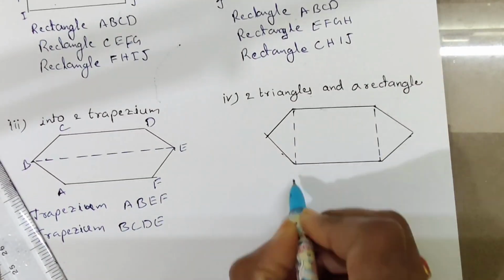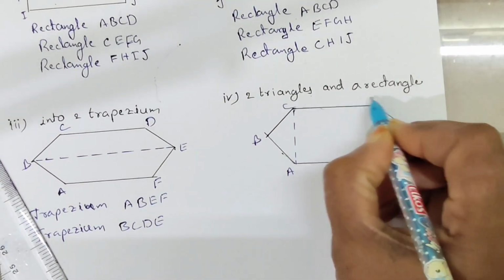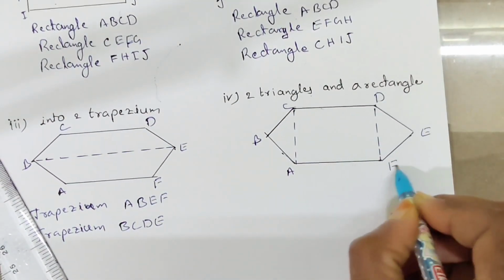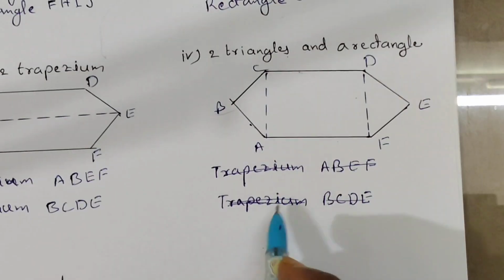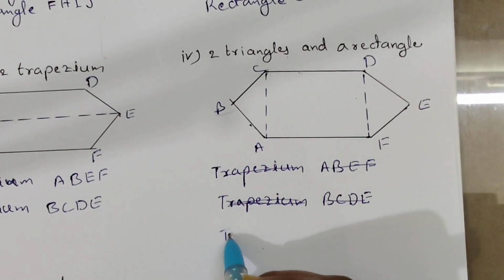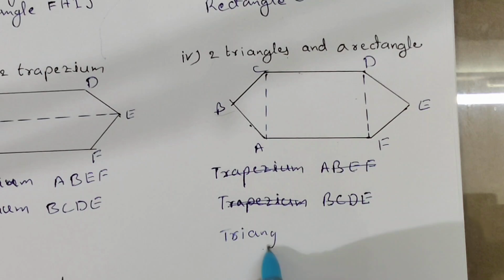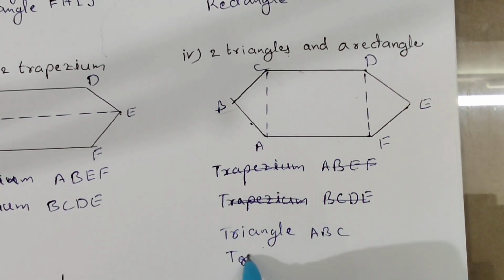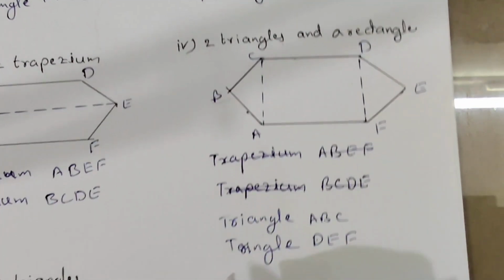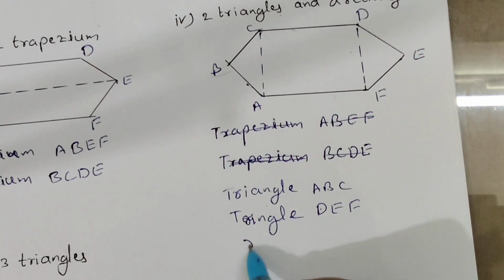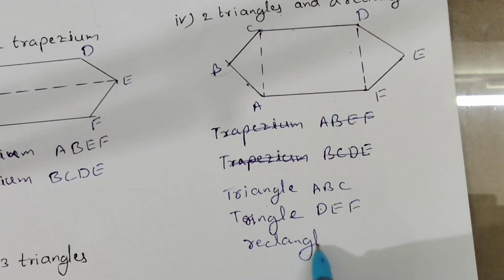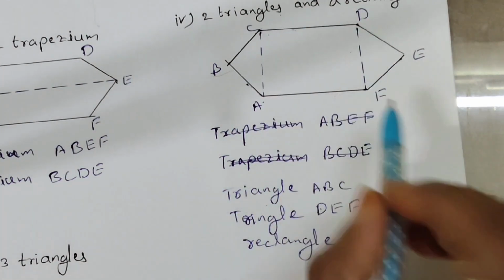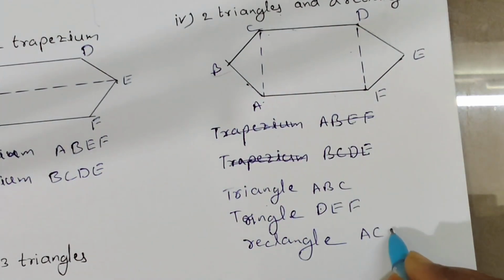Now we write the names A, B, C, D, E, F. Now we write the triangles: triangle A, B, C. Next triangle D, E, F. Next, rectangle A, C, D, F.